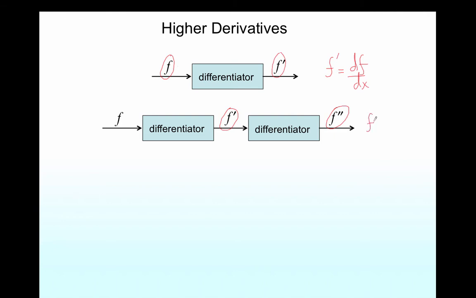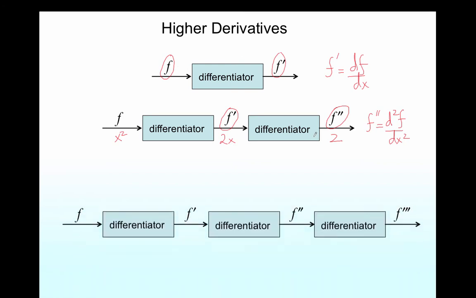F double prime is also written usually as d2f by dx squared. So, for example, if I put in the function x squared, the first differentiator gives 2x, the second differentiator makes this just 2. We can continue this process on.